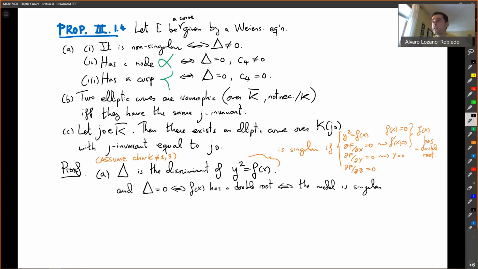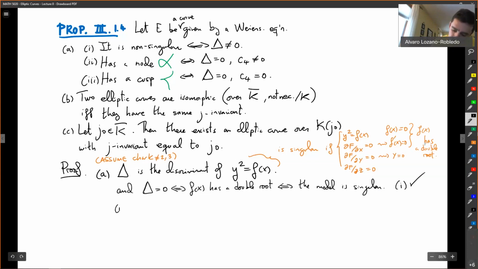So this gives you that delta tells you when there are singularities. As long as delta is non-zero, you don't have singularities. Great. So this gives you 1.